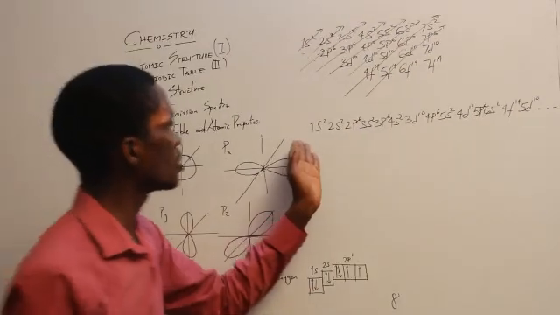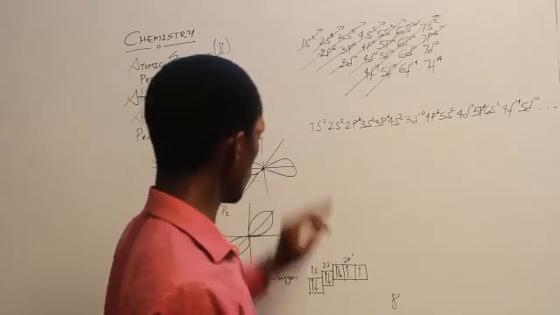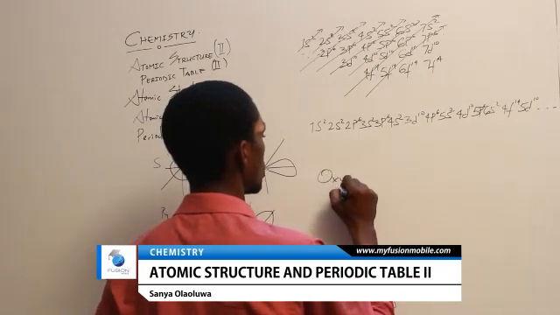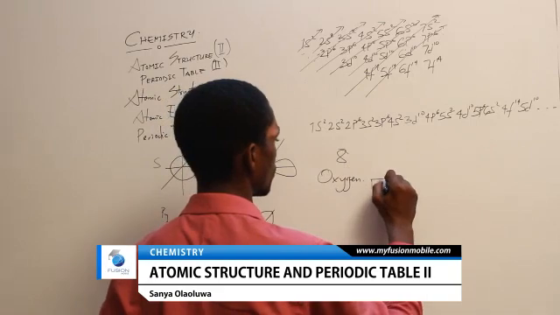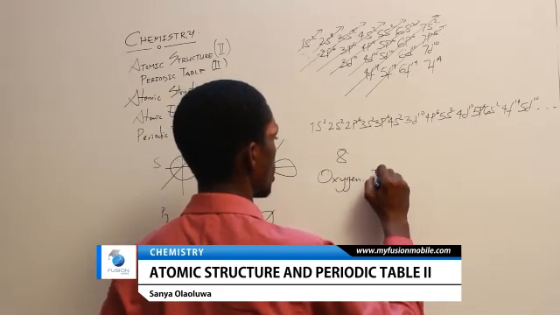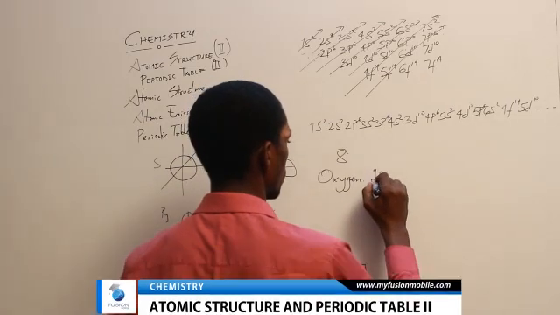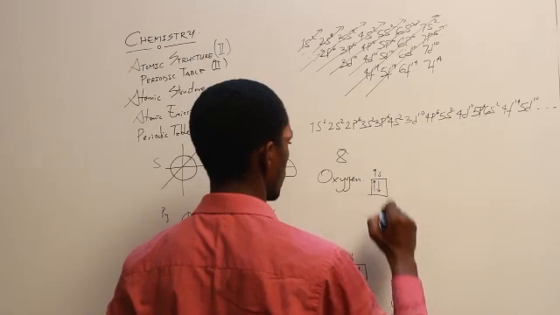So based on this, we'll just pick the amount that we need for this particular element. We're having oxygen that we're taking into consideration. Oxygen has a total of 8 electrons. So these are 1s2 orbital, that's 1s orbital, and of course the first and the second.